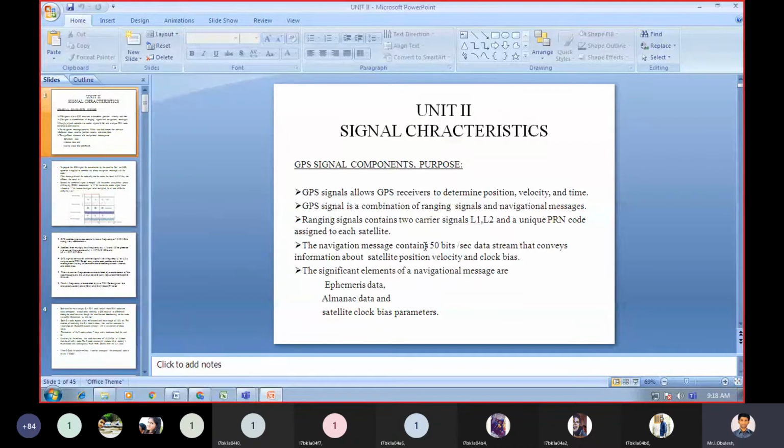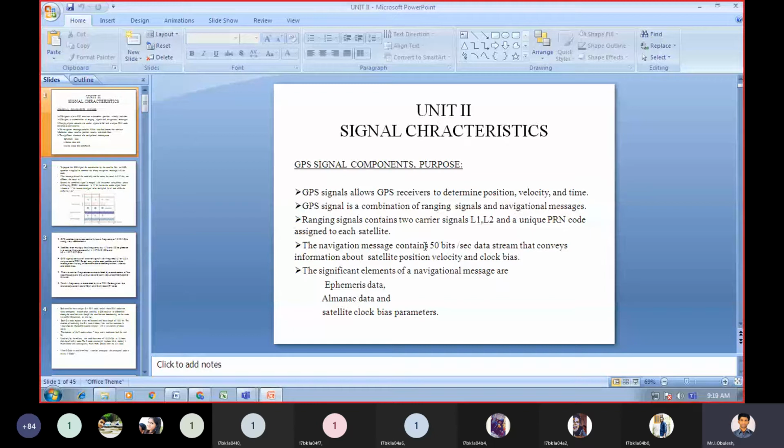The ranging signals contain two carrier signals, L1 and L2, and a unique pseudo random noise code, PRN. The pseudo random noise code is assigned to each and every satellite.